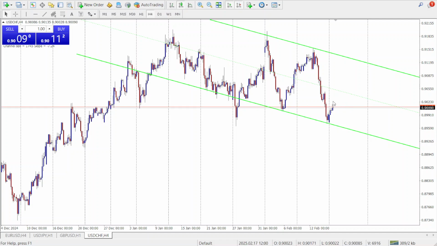For example, you can see that price is bouncing between support and resistance. So ideally, when the price got to this point, we would have been looking for sell opportunities, because I usually advise trading in the direction of the trend.